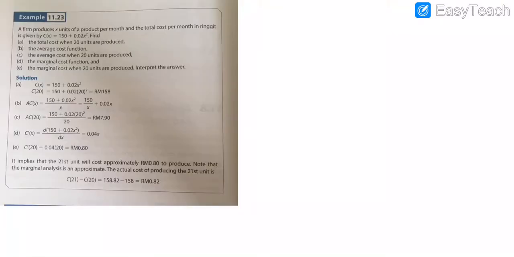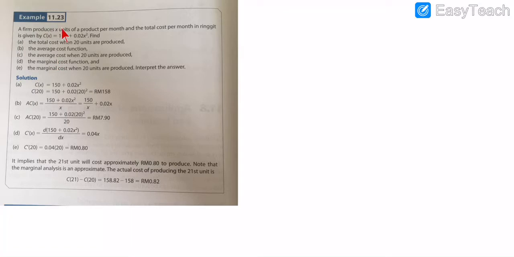Let us look at this question. The question here stated that a firm produces x units of products per month and the total cost per month in ringgit is given C(x) equal to 150 plus 0.02x power of 2. Find the total cost when 20 units are produced, average cost when 20 units, marginal cost, and etc. So here you look at the question.